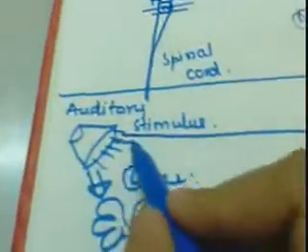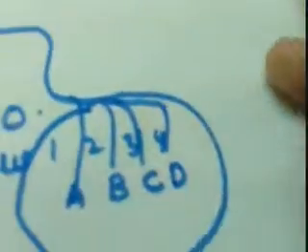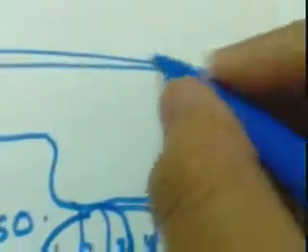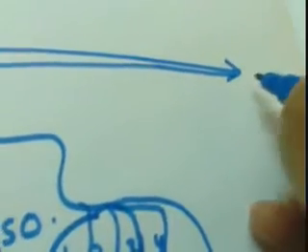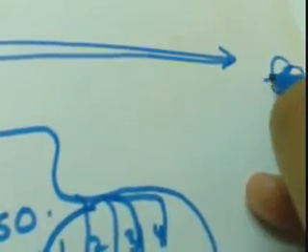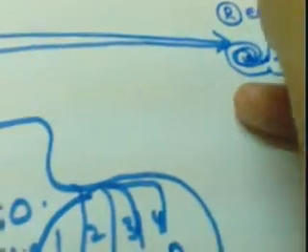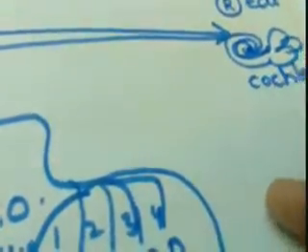It goes to the right ear, but after the left ear. There is a delay here. So there is a long acoustic delay to the right ear. This is the right ear and this is the cochlea.